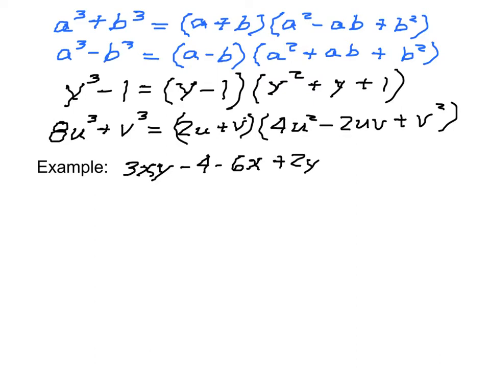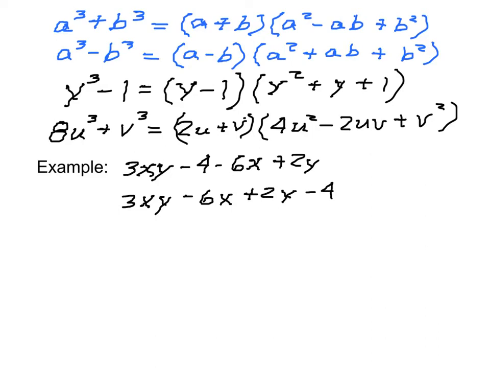Now if I regroup these and I rewrite it in this order, 3xy minus 6x plus 2y minus 4, okay. I notice that the first two terms have a common factor and the second two terms have a common factor.